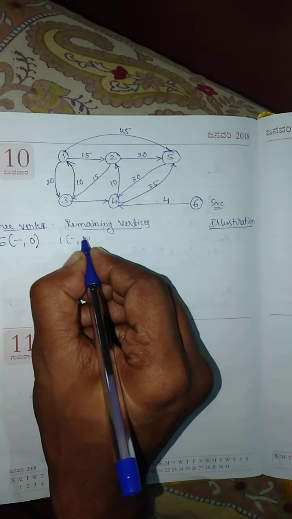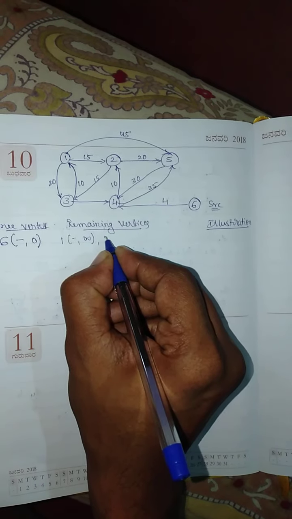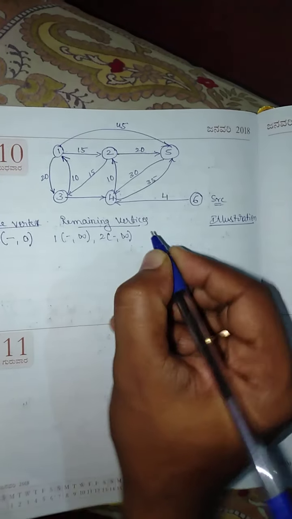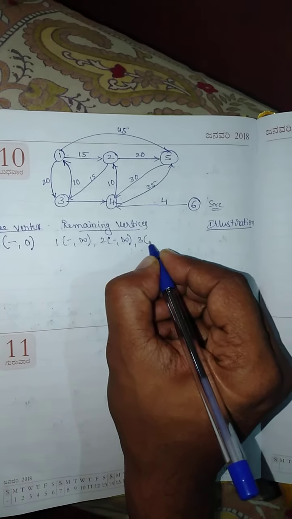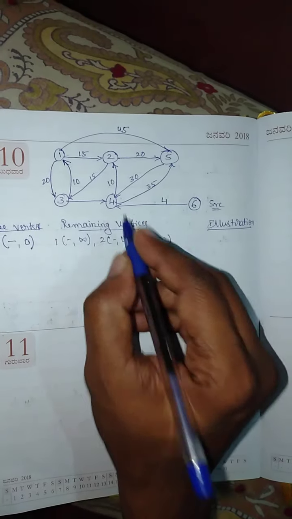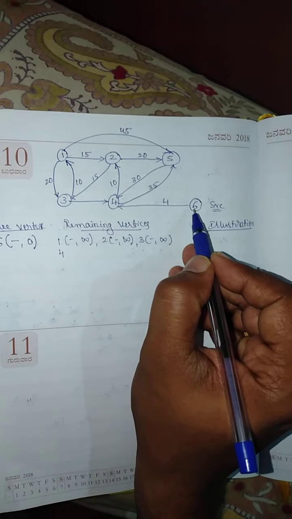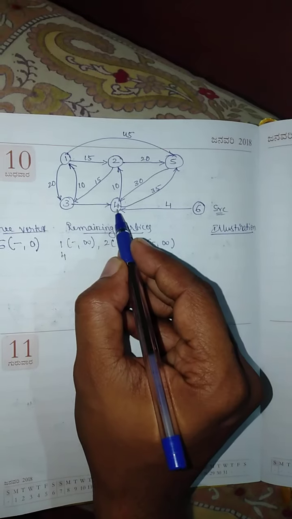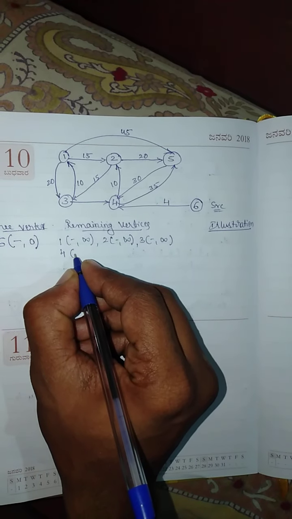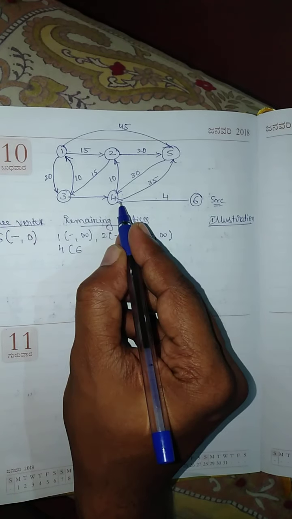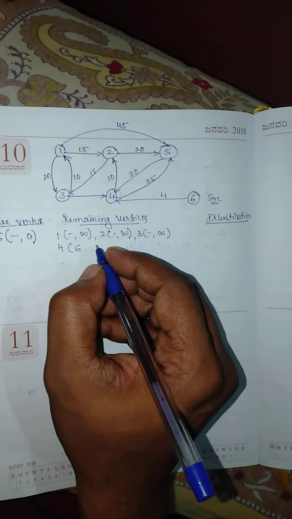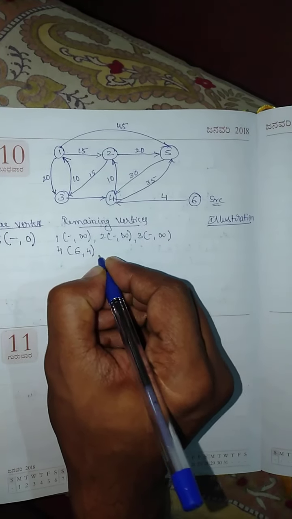No. Vertex 2, is there any direct edge? No. For vertex 3, is there a direct edge? No. Vertex 4, is there any direct edge from the source to that? Yes. So 6 is the next to last node, and the cost is 4.